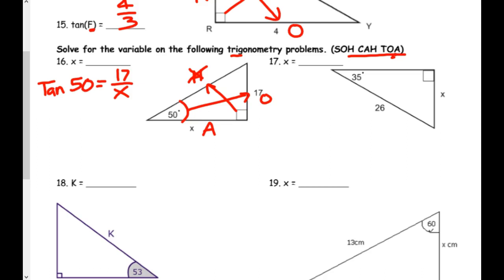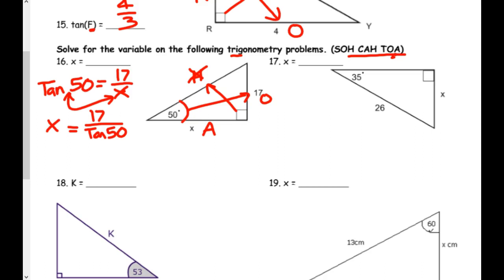Now, in class, we learned this trick. If x is on the bottom, if it's below in the fraction, then you can switch places. So x is going to go to the left by itself, equals 17 still on top, tan 50 goes to the bottom. Not just 50, but tan 50 goes to the bottom.